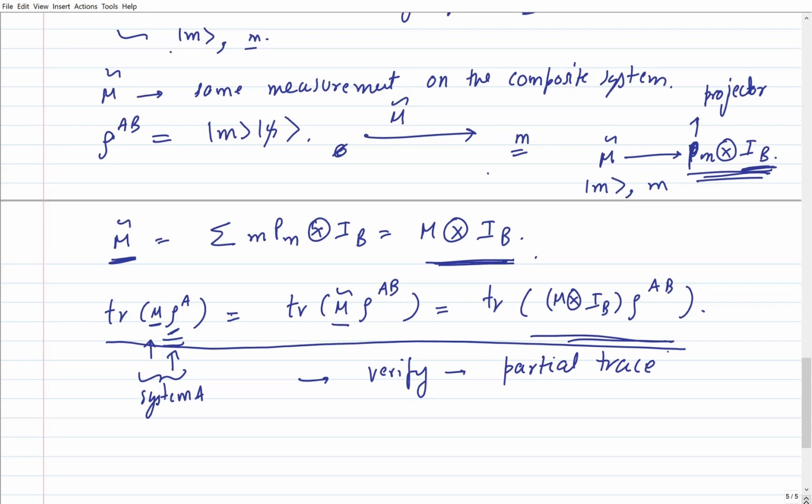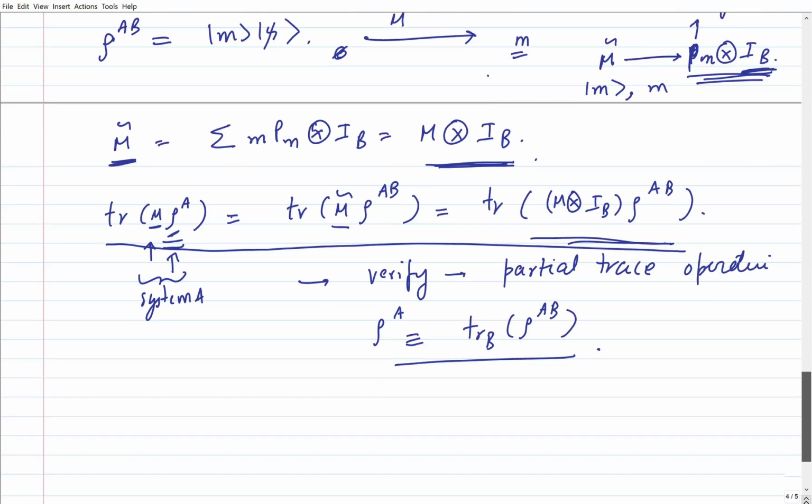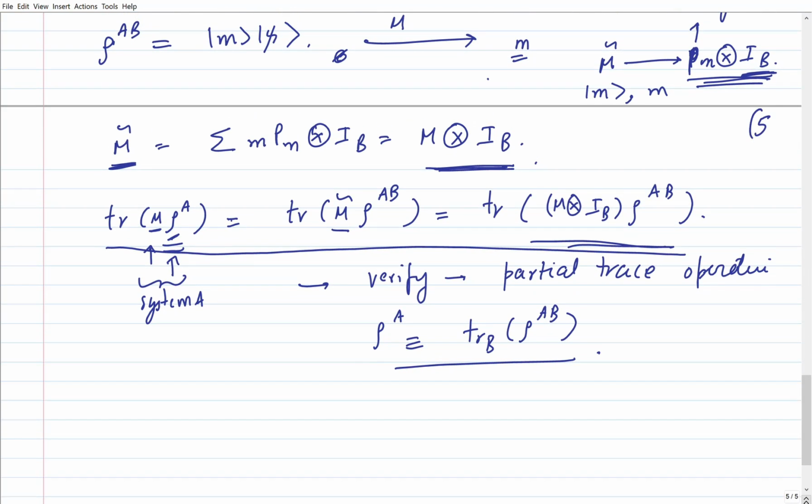Partial trace operation, meaning if ρ_A is this guy, then this indeed satisfies the above condition.